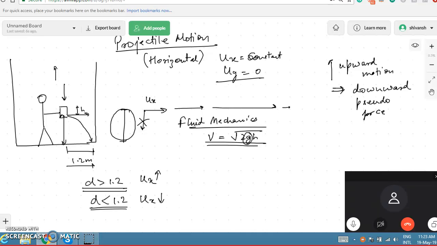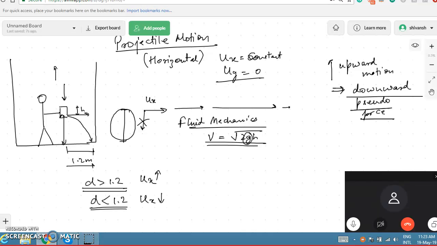Have you ever felt this while going up in the elevator, that suddenly when you move up, something heavy feels like it is on your body, right? And when you go down, something light feels. So why is that heaviness occurring? That is occurring because of this downward pseudo force.